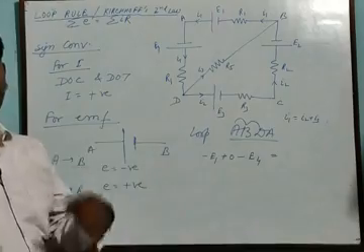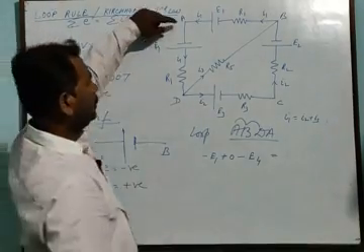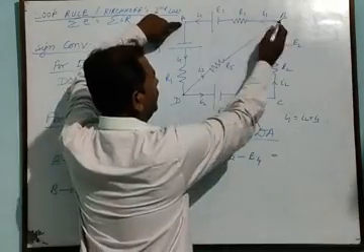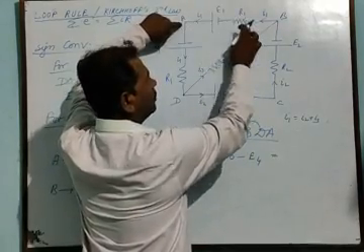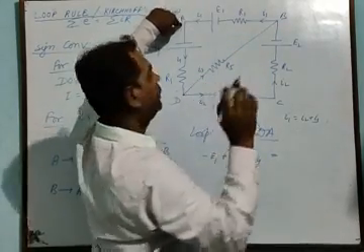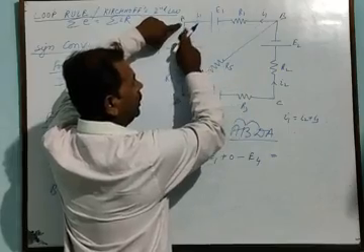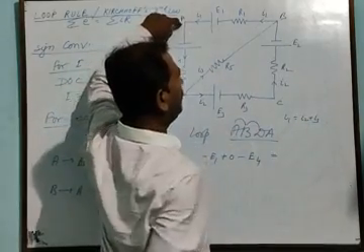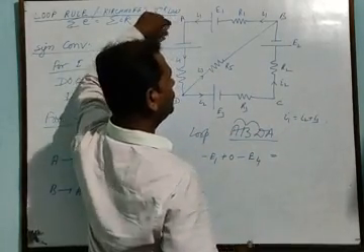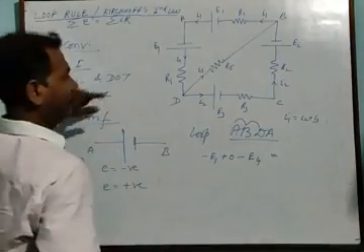Now it's time for potential drop. So come from A to B. Now leave the EMF. Only discuss resistance and current. When we are going from A to B, the direction of current is from B to A, and I am proceeding from A to B. So current will be taken as, according to our rules, negative.